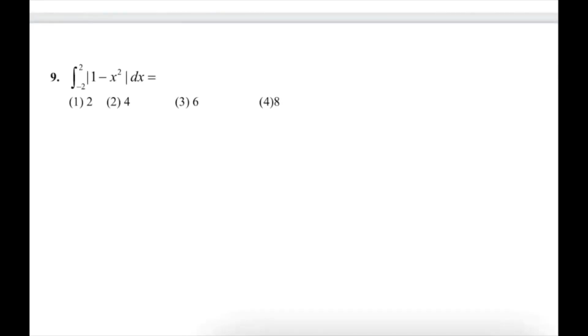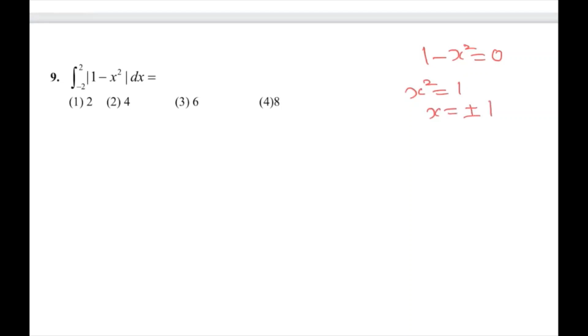Question number 9. Integral from minus 2 to 2 mod of 1 minus x square dx. In order to remove the mod, we need to equate the expression within the mod to 0. 1 minus x square equal to 0. X square is 1. X is plus or minus 1.